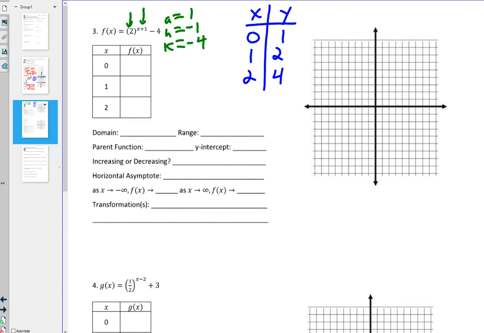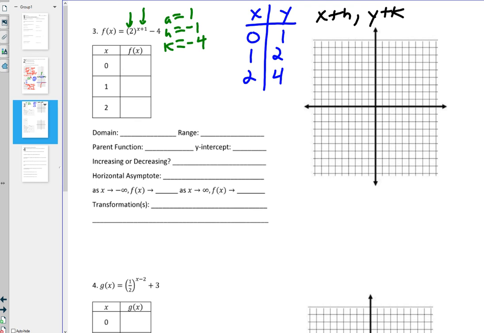How many transformations do I need to perform here? Based on A, H, and K, how many do I need to perform? Not 3. There's only 2, because when A is 1, there's no stretch, no compress, no reflection. These are just going to be translations. So all I'm going to have to do is get X and add H, and then get Y and add K.